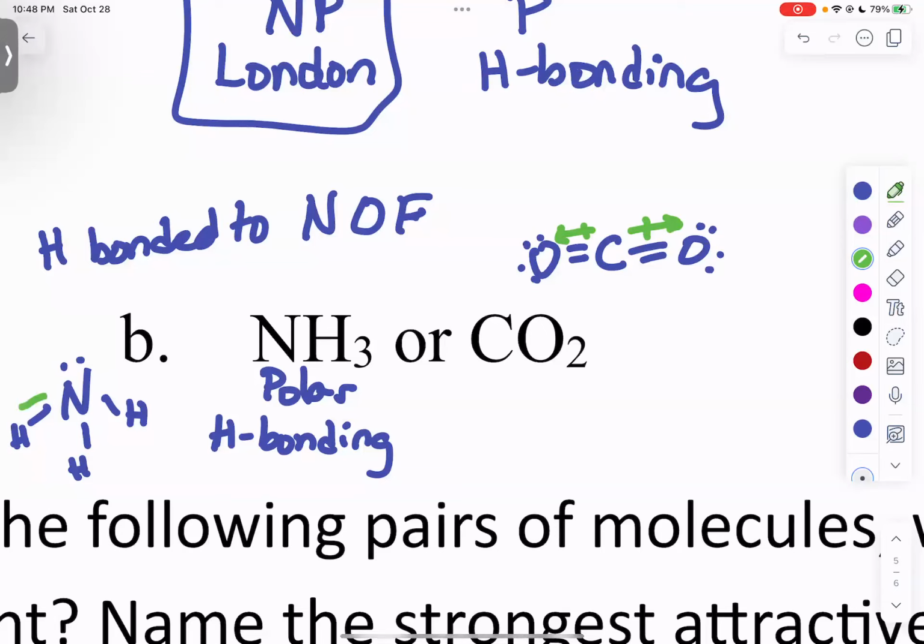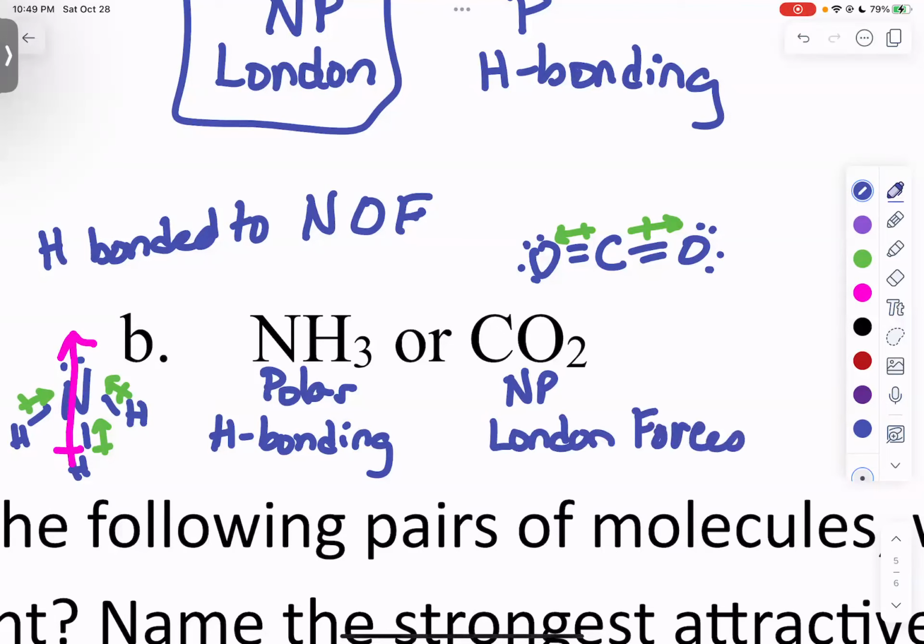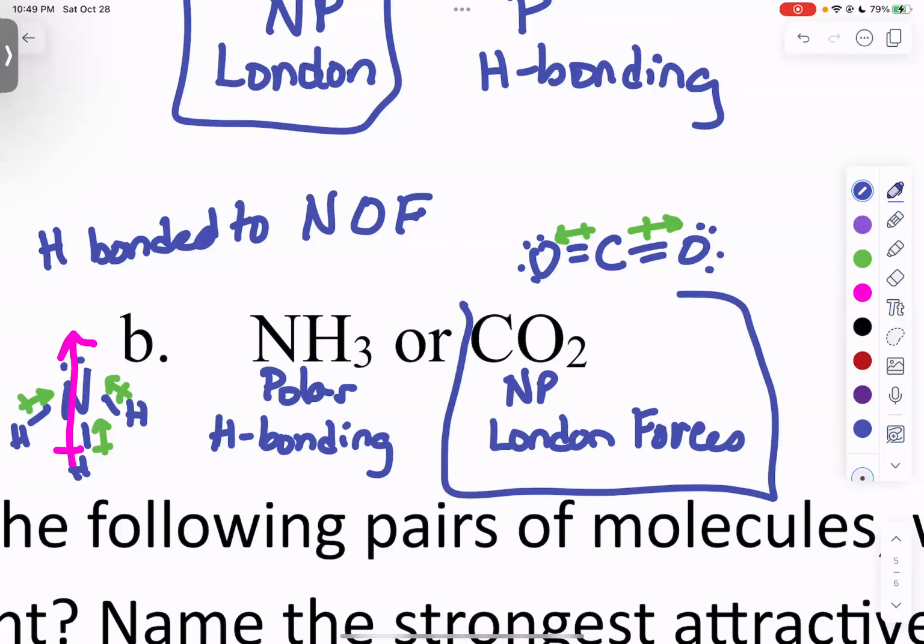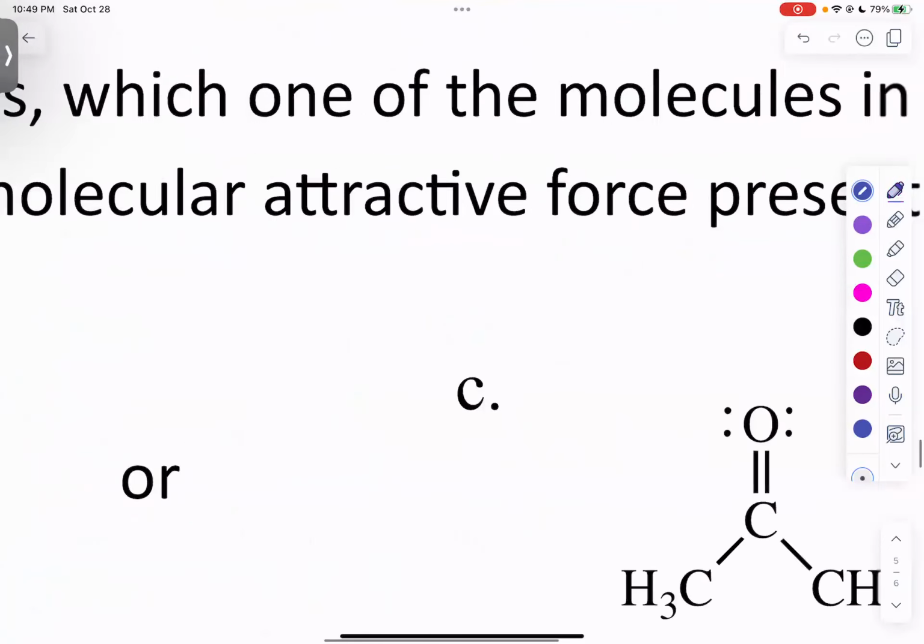Whereas with nitrogen, the dipole arrows of the bonds look like this, and so my overall dipole moment is going to look like this. So NH3 is a polar molecule, CO2 is non-polar, and so you'd only have London forces. Okay, so which one's weaker? CO2 with its London forces.